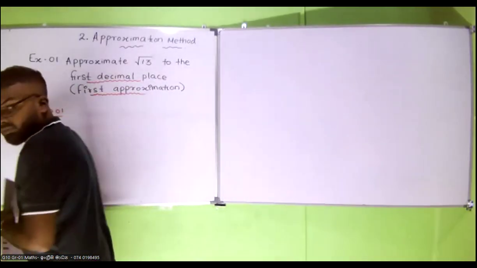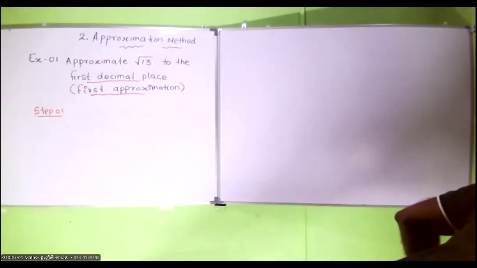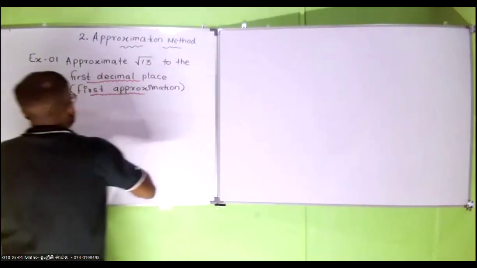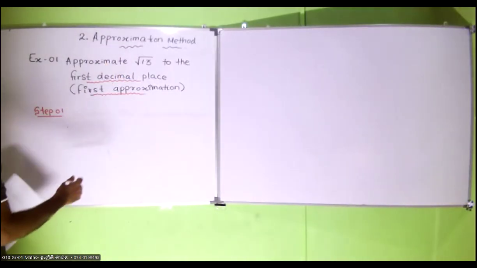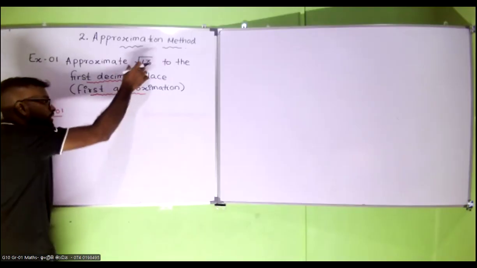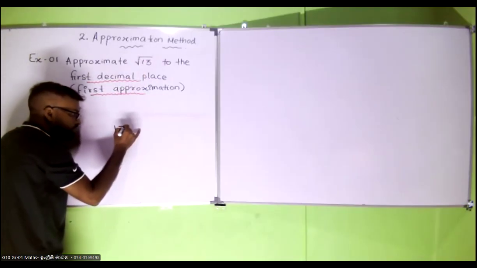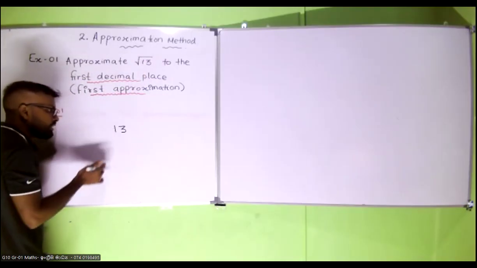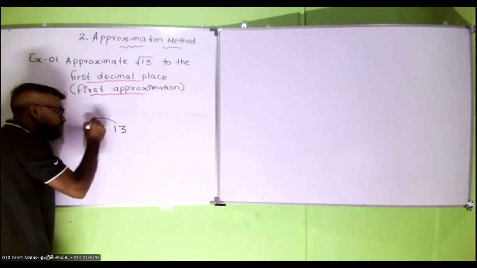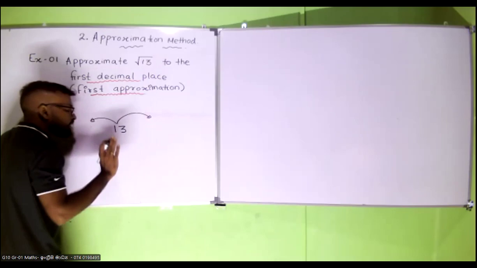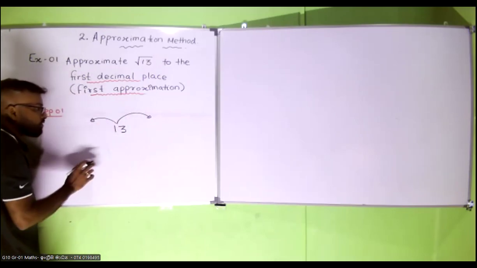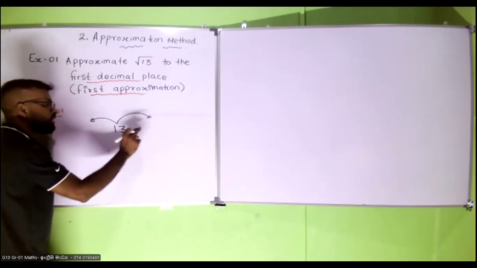Okay, look at the board. We are going to find the square root of 13. In step number 1, we have to take just the number 13. Then we have to find the lesser perfect square number and the greater perfect square number for 13, where 13 is in between them.